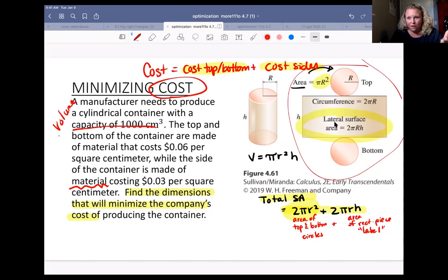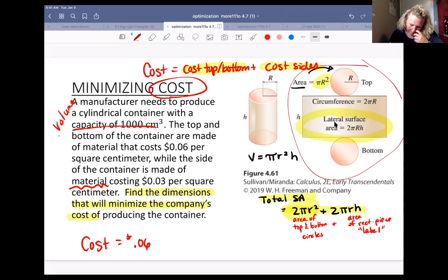So you're given the volume that it will hold, and then you're told that you're trying to minimize cost based on surface area. So the way that we come up with this cost equation for this whole thing that we're trying to minimize is it's 6 cents per side.